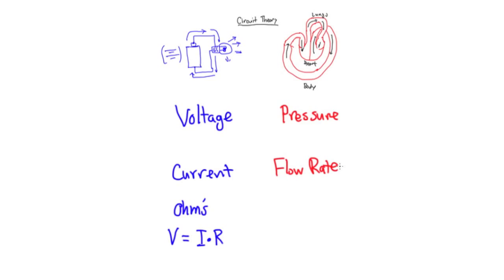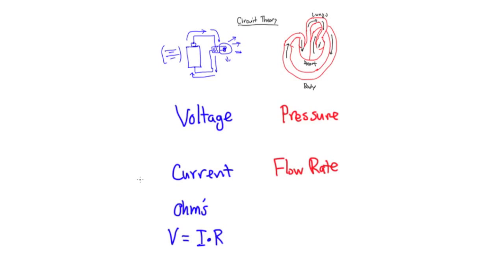In the case of the heart, you can see that when it pumps, the heart causes this sort of pressure, which causes the blood to flow in a specific direction. And with that in mind, the flow rate is the actual movement of the water, or in the case of the heart, it's more of blood, so the blood moving in a specific direction.